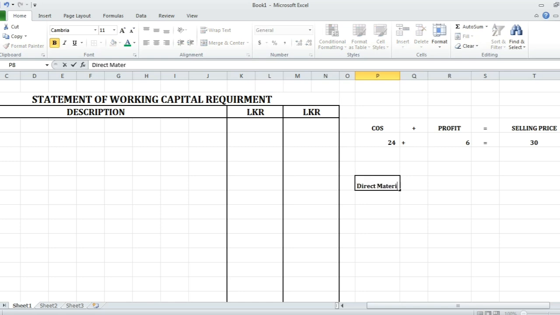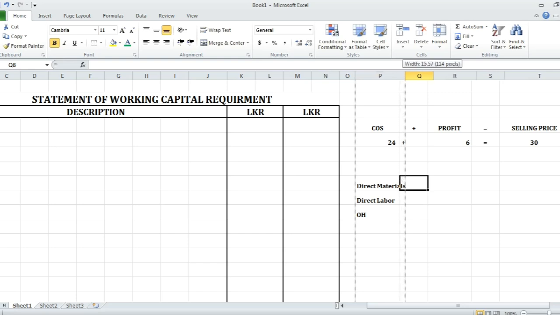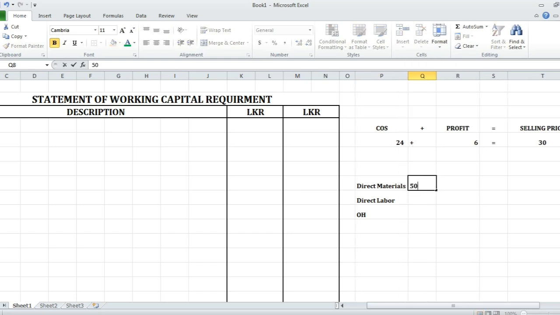Direct materials, direct labor, overheads. Percentages: 50%, 30%, 20%.